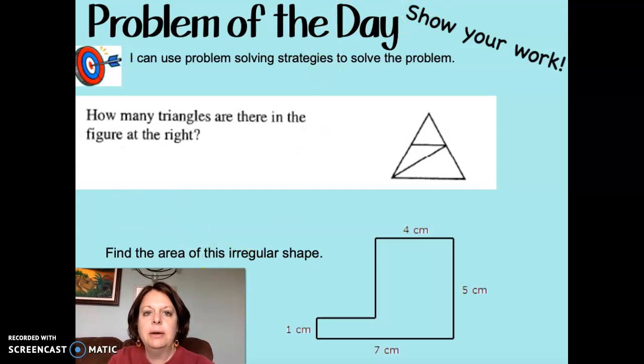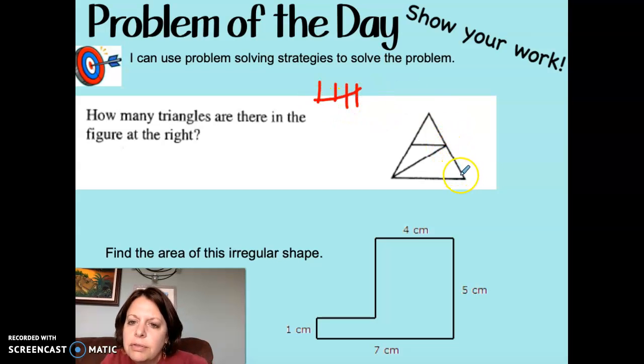I'm going to make tally marks so I can keep track. There's the first triangle shape here, number 2 right at the top, the third one here, and then this one right here, so that's 4. Some of you might say, I'm done, but did you remember this one here? So that's 5.